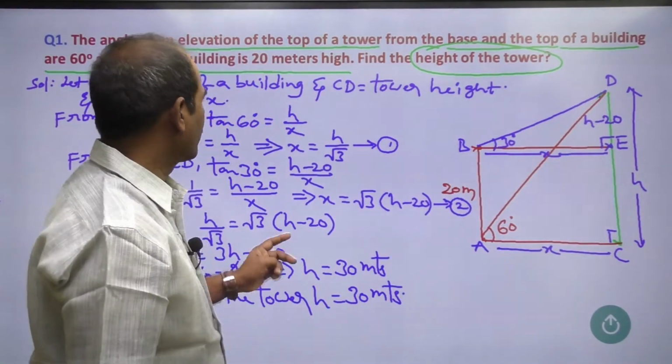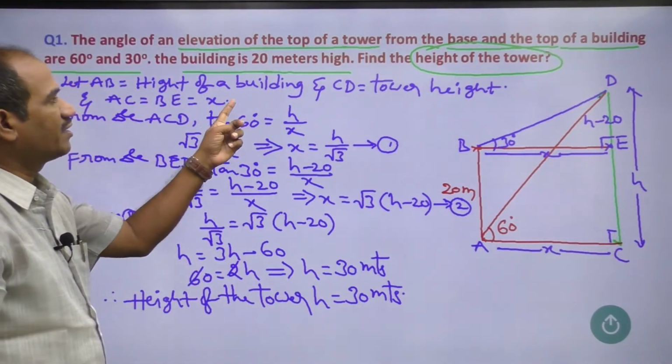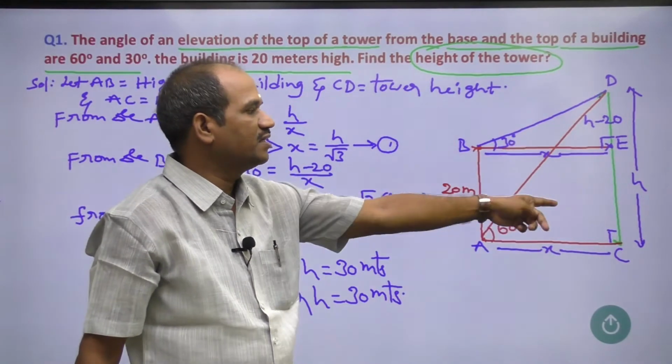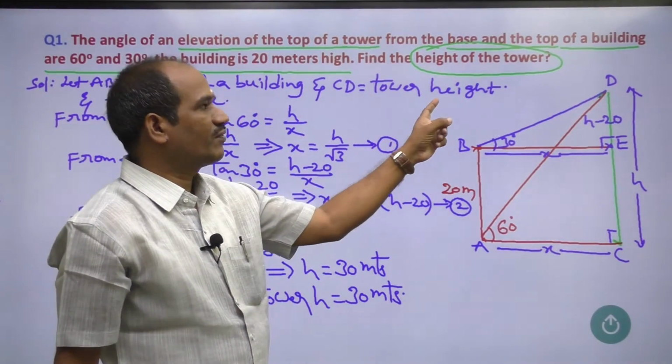Let AB be the height of the building, and CD the tower height.